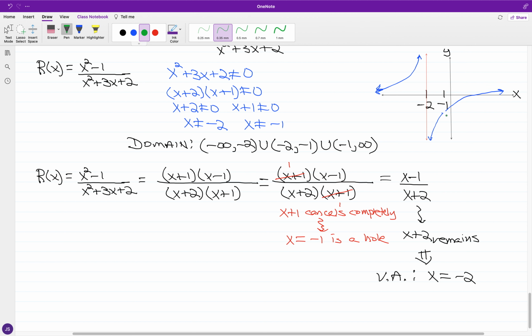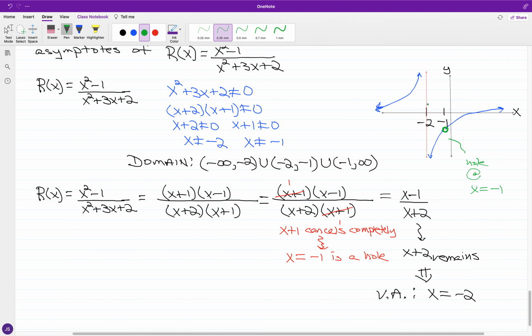At x equals negative 1, we have a discontinuity point, a hole, and these blue curves are in reference to one and the same function, x squared minus 1 all over x squared plus 3x plus 2.